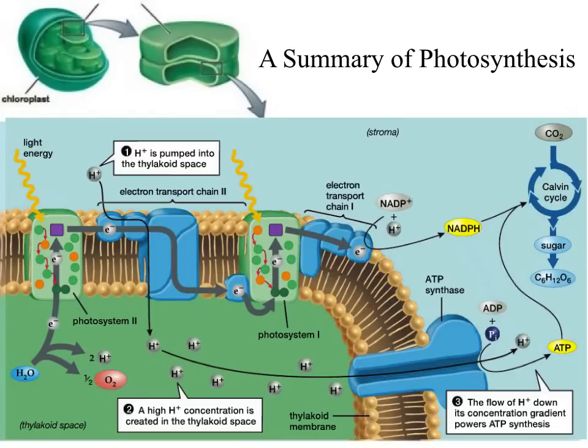So, if I were to ask a question, does the electron transport chain create ATP? In a way, yes, but not directly. If we're very specific, electron transport chain 2 is just a hydrogen pump. And then the hydrogens will naturally want to diffuse back out to equalize the amount of hydrogens, and so they move through this ATP synthase.